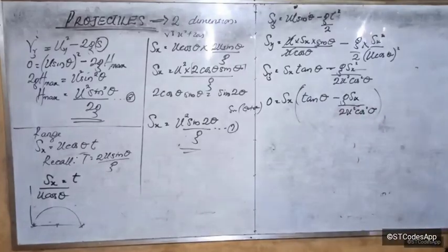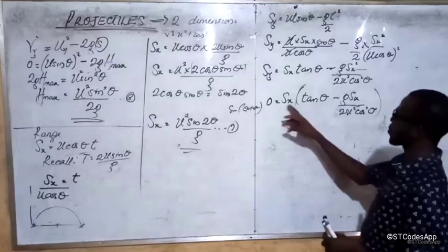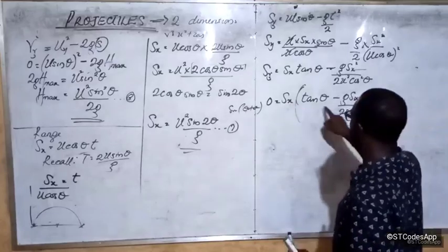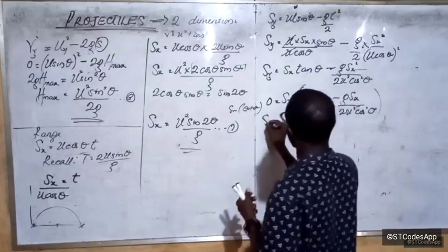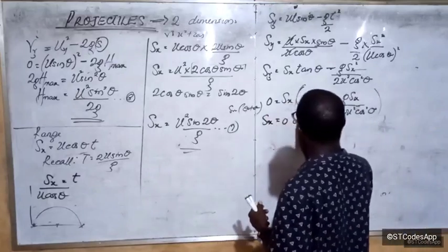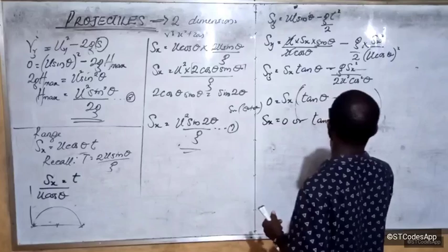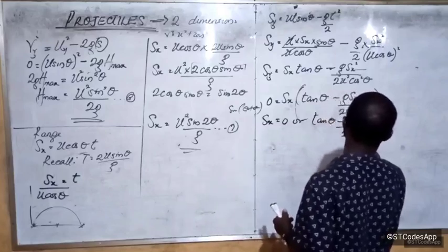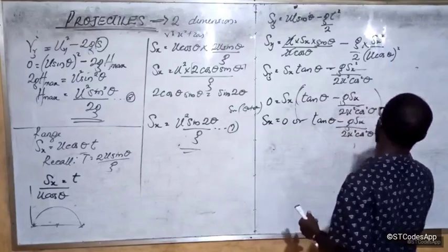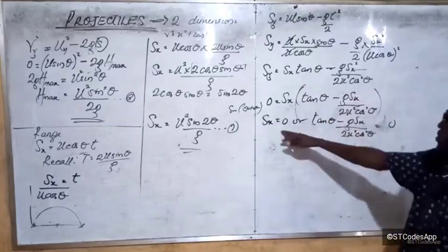So we have this. Since this is equal to 0, the product of these is giving us 0. Definitely, either S of x is 0 or tan theta minus g S of x over 2u squared cos squared theta is equal to 0. Either one of these is 0.